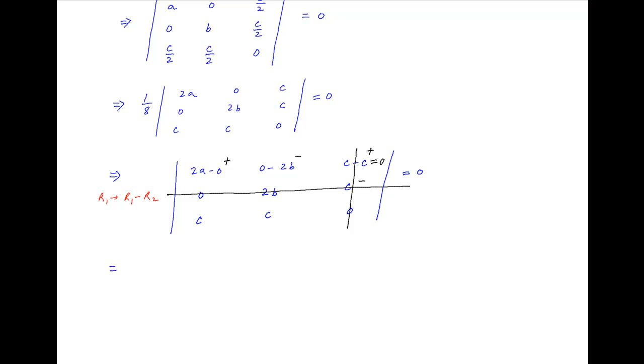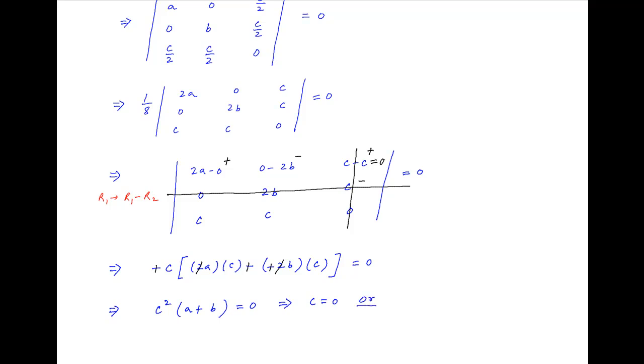Expanding the determinant around that element, we get minus c times, in brackets, 2a times c minus of minus 2b times c should be equal to 0. 2 cancels and this expression simplifies to c square times a plus b is equal to 0, which implies that either c is equal to 0 or a plus b is equal to 0.